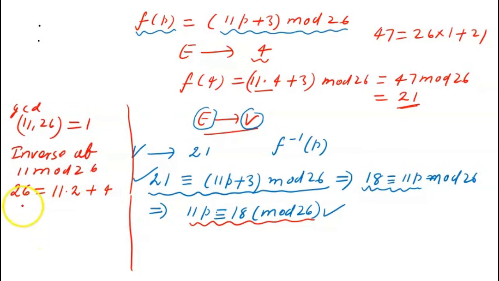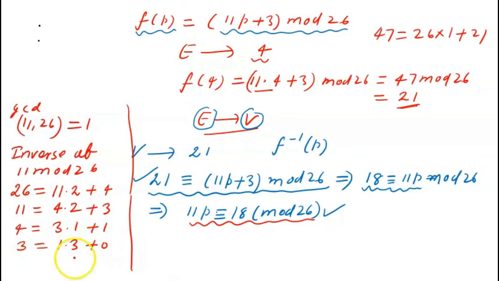Then 11 can be written as 4 into 2 plus 3. Now 4 can be written as 3 into 1 plus 1, and now 3 can be written as 1 into 3 plus 0.